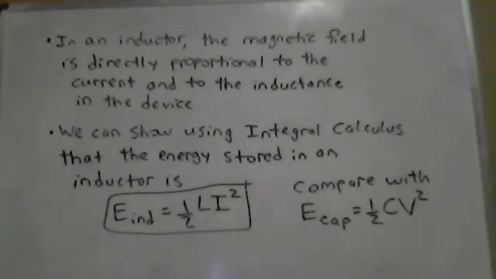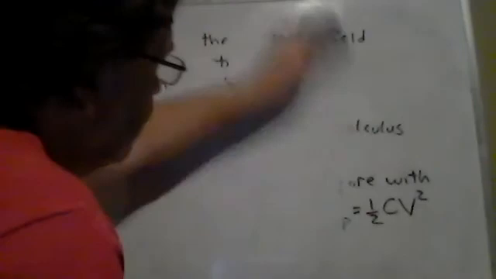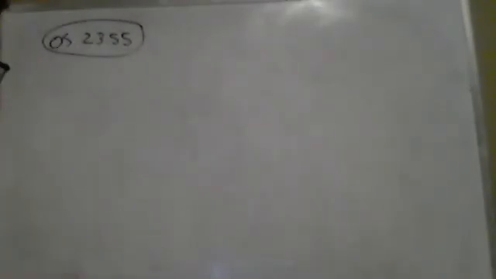All right, let's go do a few problems. I'm going to look at OpenStax 23.55. And we're still in chapter 22 in Cutnell Johnson, but again, we're one off with OpenStax. OpenStax is already in chapter 23.